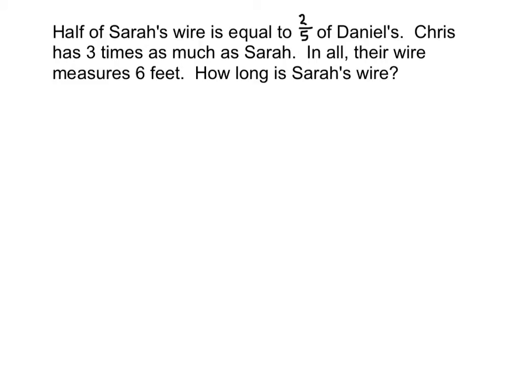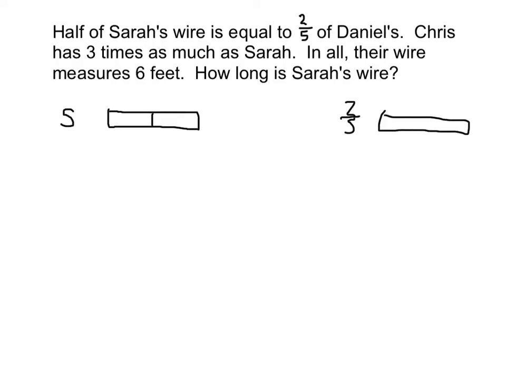We have Sarah, and we know that half of her wire is equal to 2/5 of Daniel's. Well, again, if I did that fraction 2/5, it's going to look something like this. And there's my 2/5. I have 2 pieces out of 5, which are going to be equal to half of Sarah's.